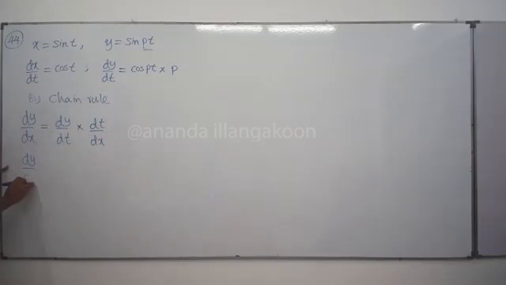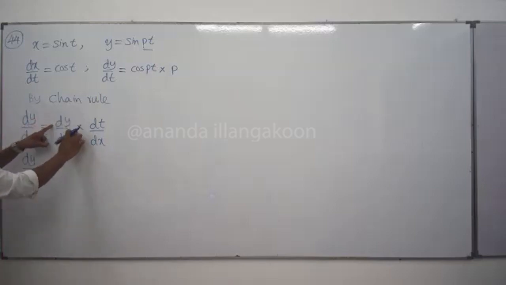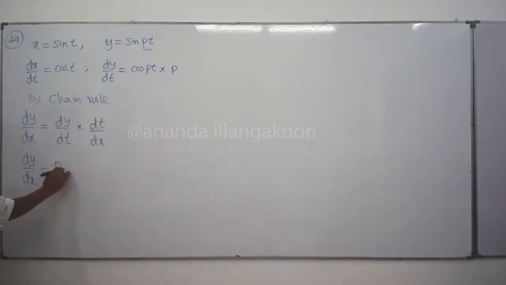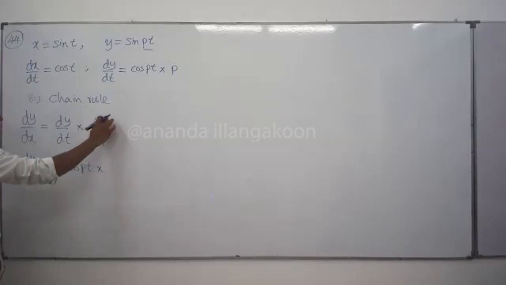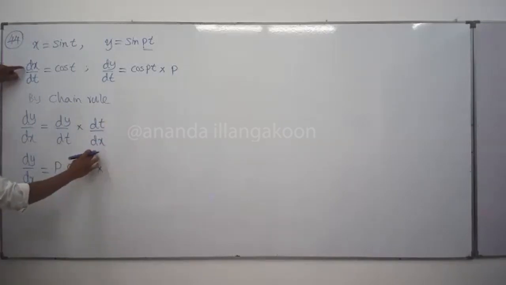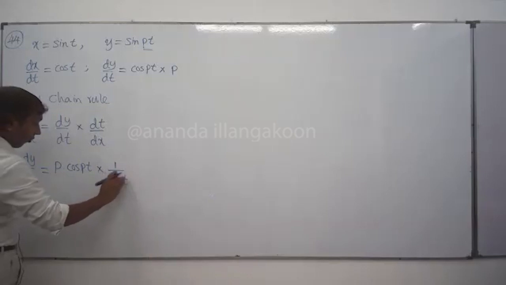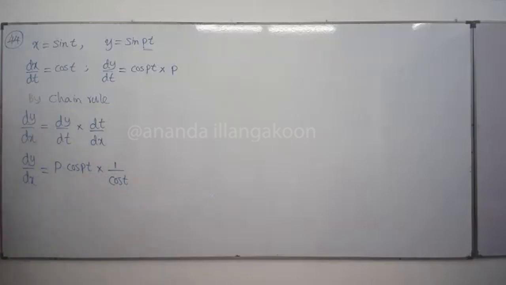Therefore, dy by dx is equal to dy by dt, which is p cos pt, multiplied by dt by dx. dx by dt is cos t, so its reciprocal is 1 over cos t. This is what we get for dy by dx.